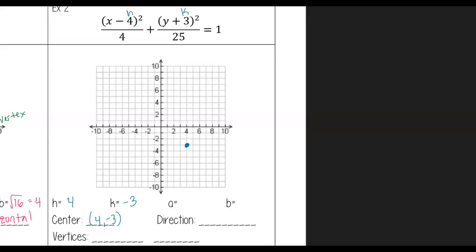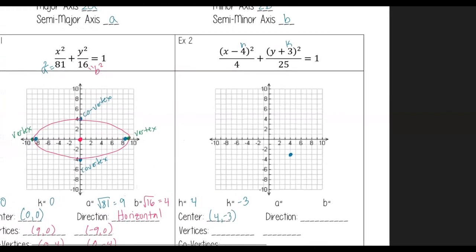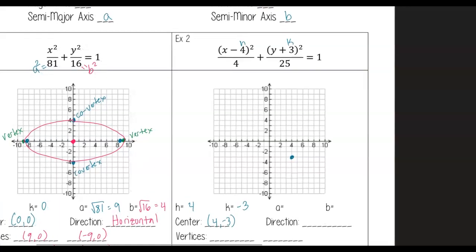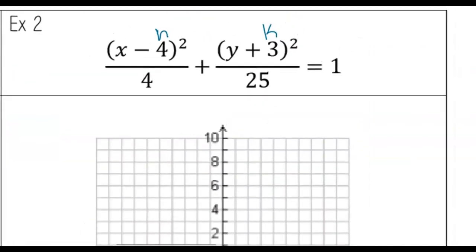So you're close, Isabella. I know on the previous one the A was under the first term, but remember, the A value is always the bigger denominator. It's always determined by the bigger denominator. So here, 4 is not the bigger one. 25 is.